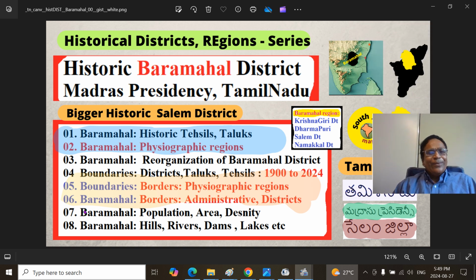And we are looking at the Baramahal district's historic population, surface area, and density. Why have I given Baramahal itself? Because you will know what the name of the district was historically, why it used to be called Baramahal, why it got renamed into Salem district.